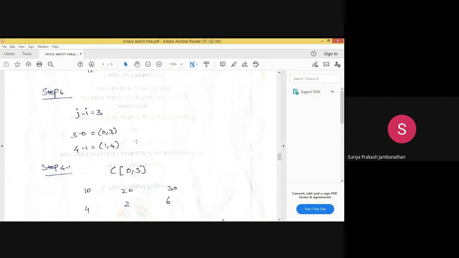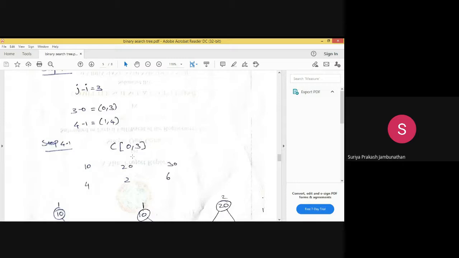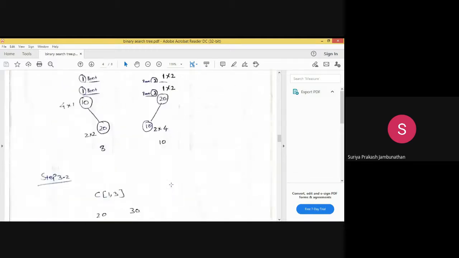Now step 4.1, C of 0 comma 3. For C of 0 comma 3, we can take the first 3 values in the table. So we are taking the first position, second position and third position: 10 with frequency 4, 20 with frequency 2, 30 with frequency 6. So let's see the problem.